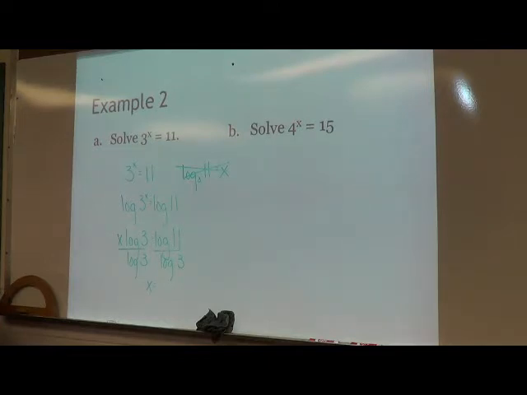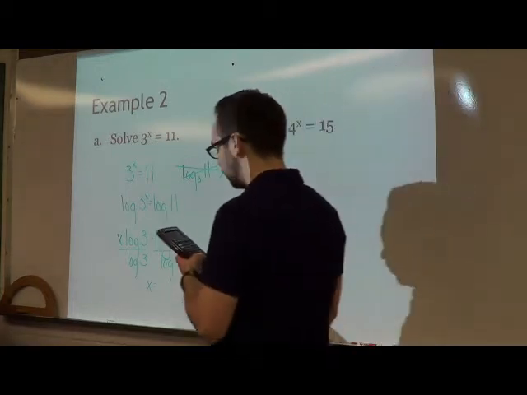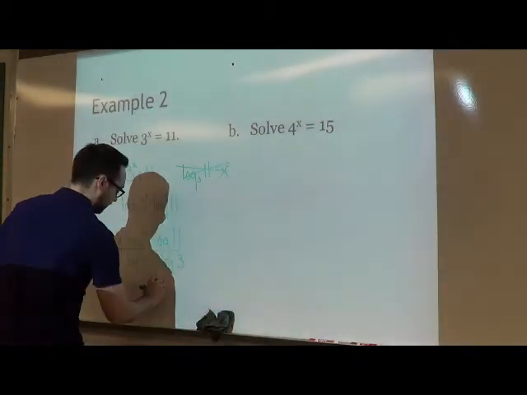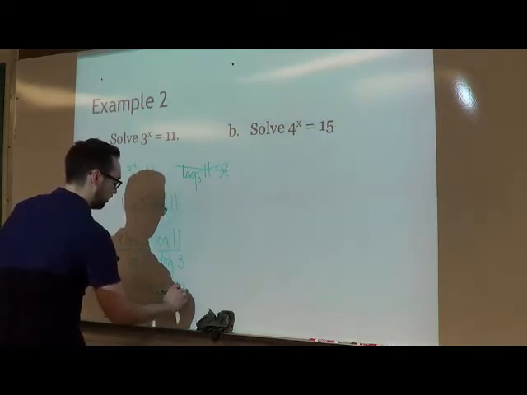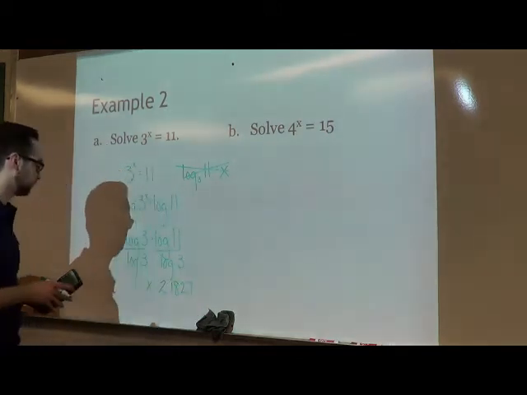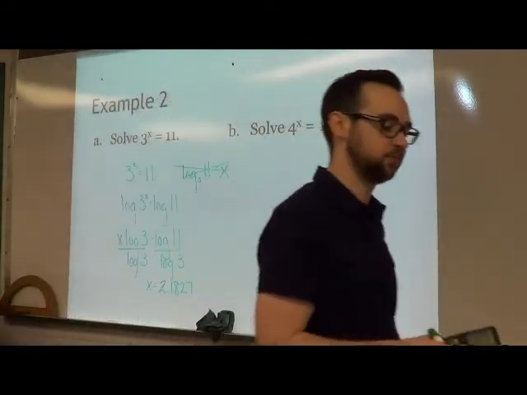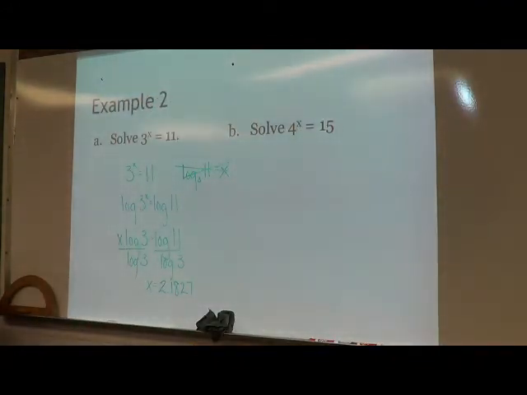You want to hit log of 11, close parentheses, divided by log 3, close parentheses, hit enter, and you should get 2.1827 is the answer there. And don't round the logs until the very end, because you don't want to round off too many times and make your answer inaccurate.